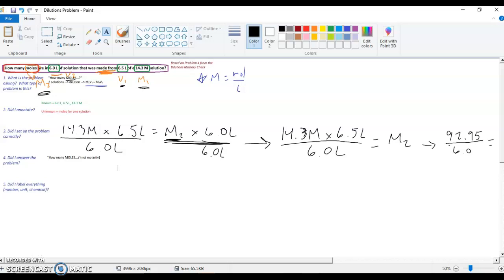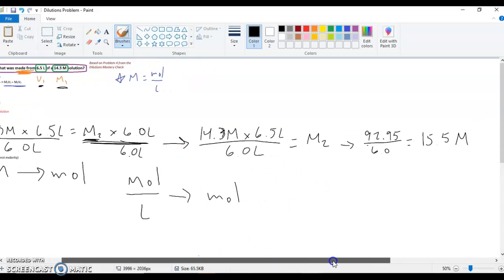So I need to go from molarity, back that up, molarity to moles. So I'll clean that up for you all. So in another sense, I am going from moles per liter to just moles.